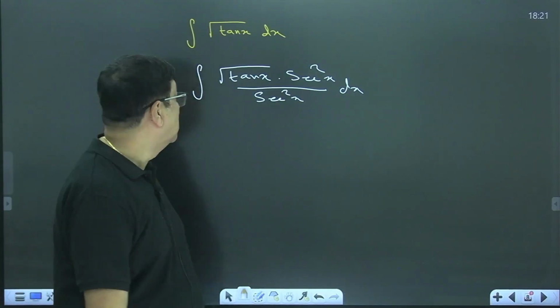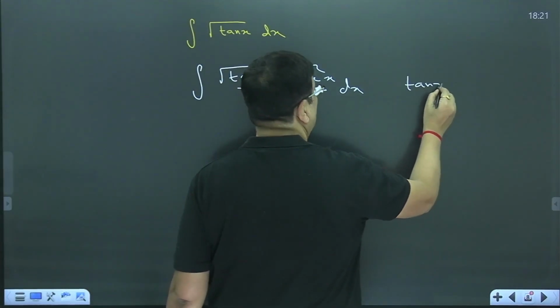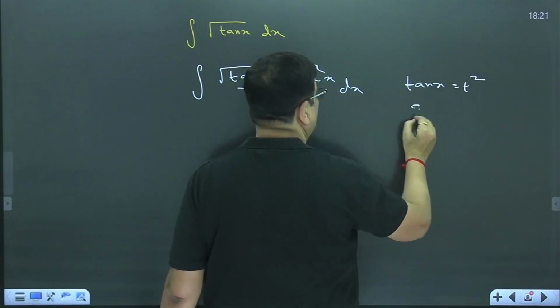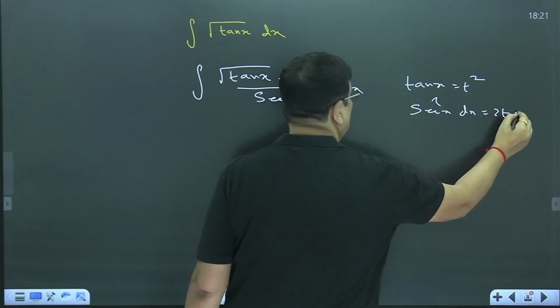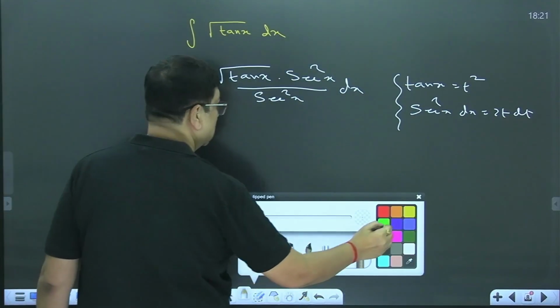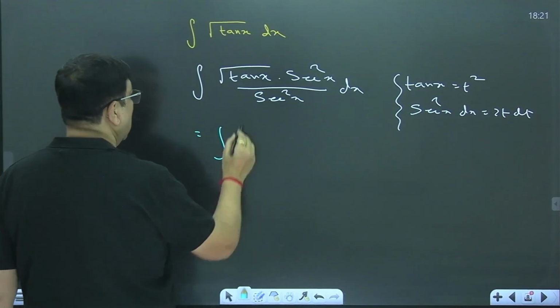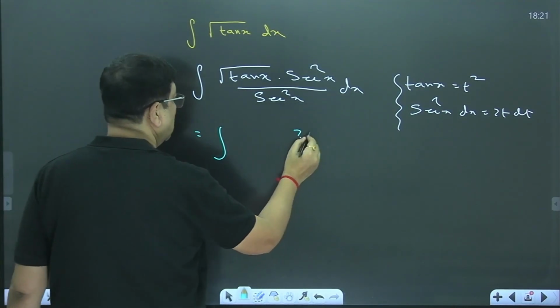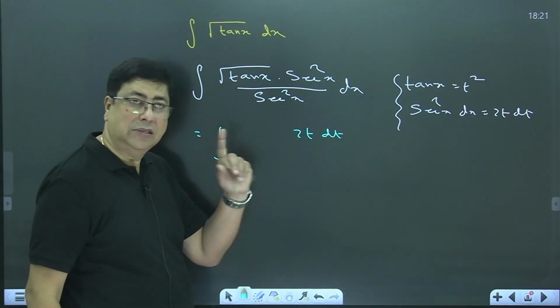Okay. So what to do here? Tan x as t square. Tan x equal to t square. So sec square x dx equals 2t dt. So I can write here sec square x dx is 2t dt, and tan x as t square, so root tan x is t.